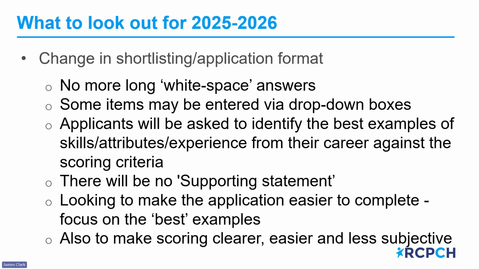So it's basically taking those 500-word answers you used to be asked to complete and pulling out just the facts so it's a lot clearer. Simon will go through that in a little more detail later on. But that is the only thing that's changed this year for the 25-26 round, for either ST1 or ST3. We'll go back to that a bit later on.